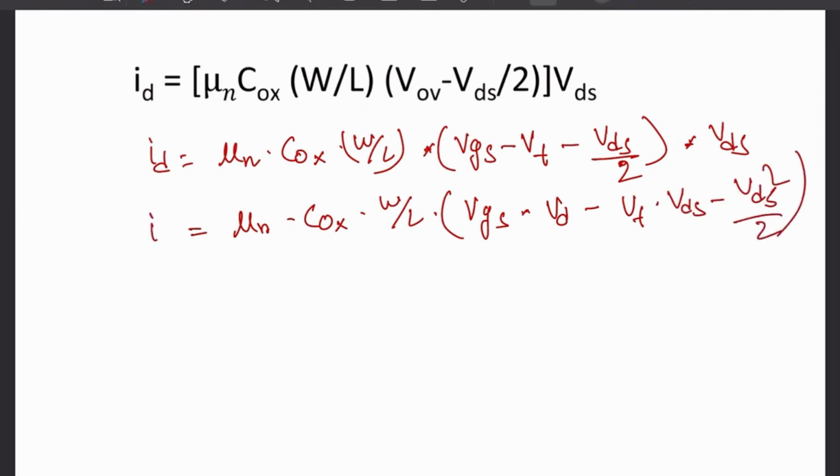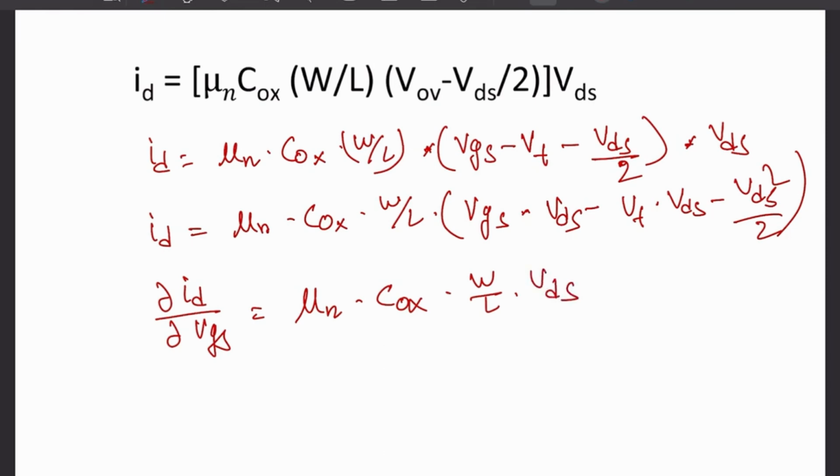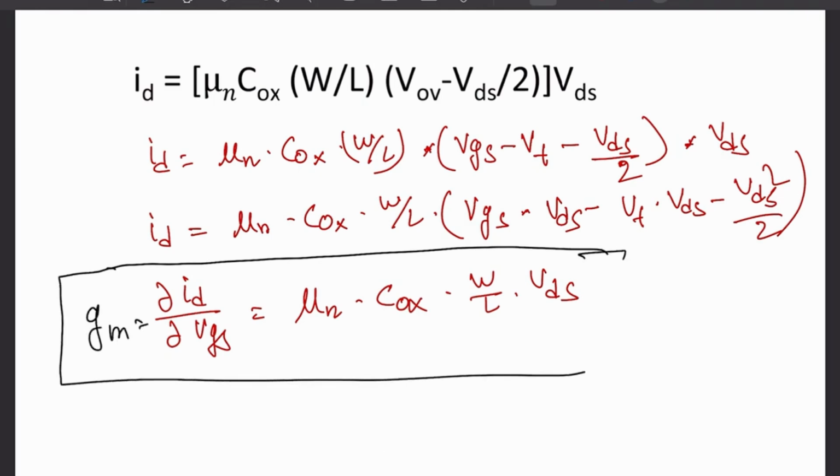Okay, so if I do the partial differentiation with respect to VGS, what will be the value? Mu n COX W by L multiplied by VDS. So this will be the equation of Gm.